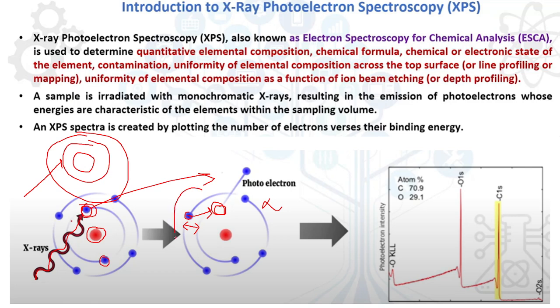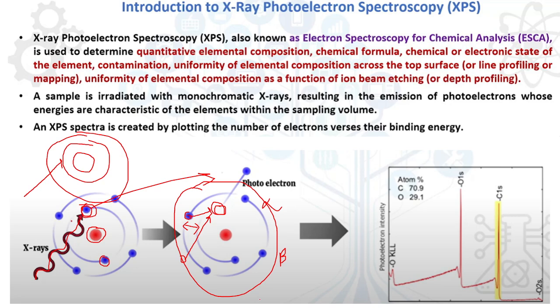If that vacancy is filled up from the next shell, so just after one, if this one is coming down, this is called the beta. Like we used to say alpha carbon or beta carbon, the same concept is here: from where the electron is coming, whether it is the adjacent shell or the next to next.